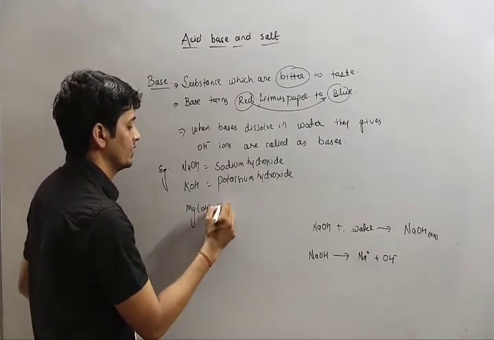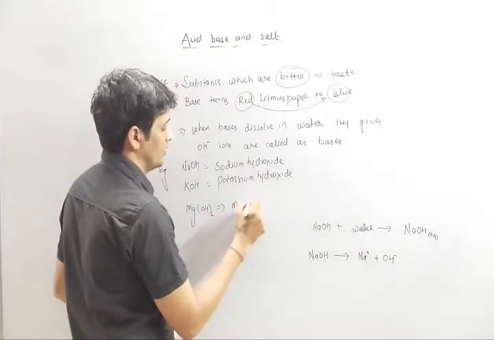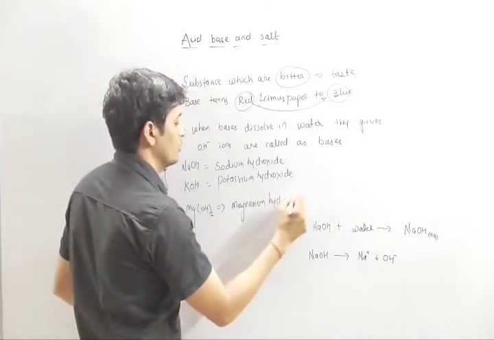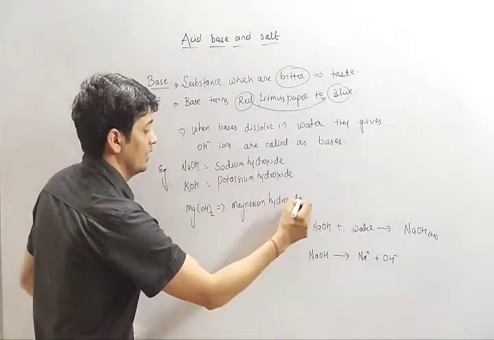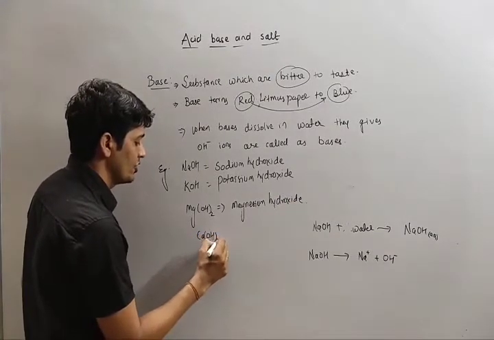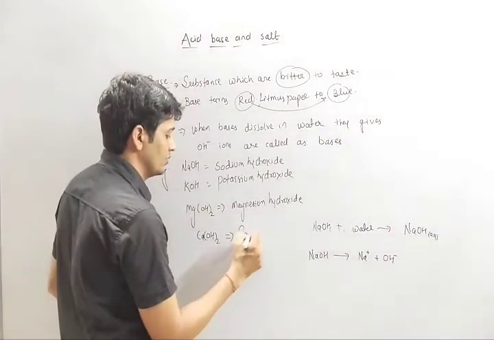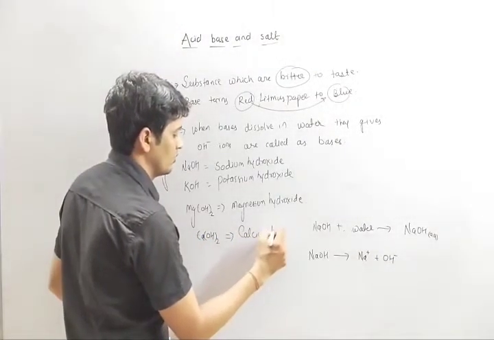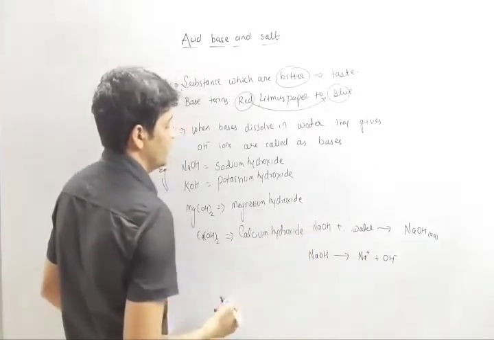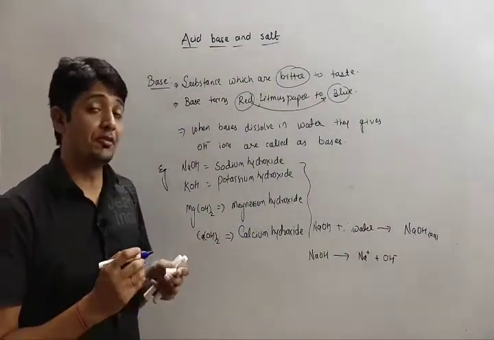Mg(OH)2, magnesium hydroxide. Then we have Ca(OH)2, calcium hydroxide.